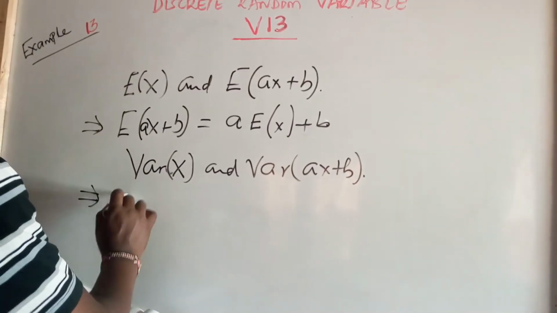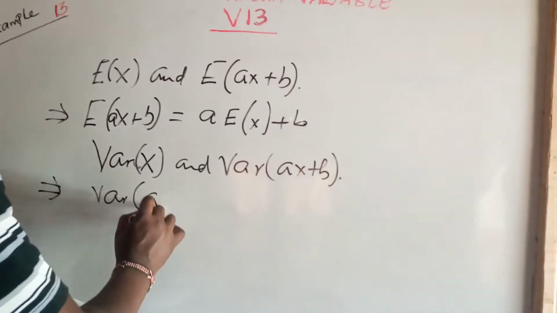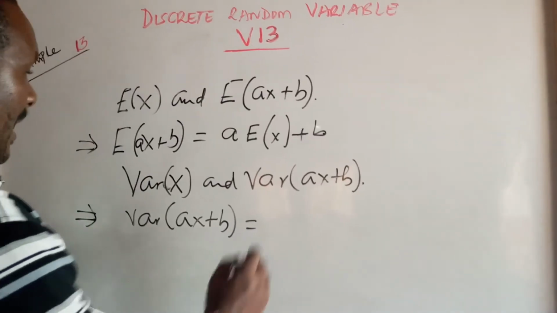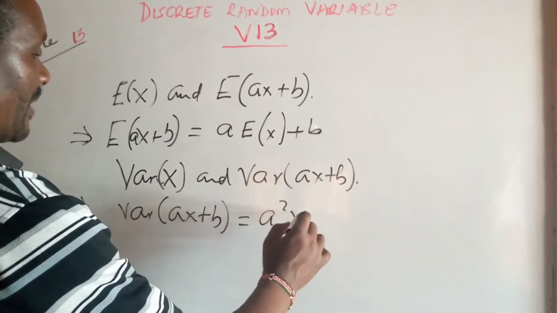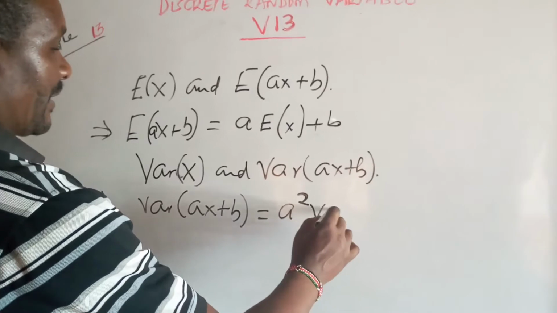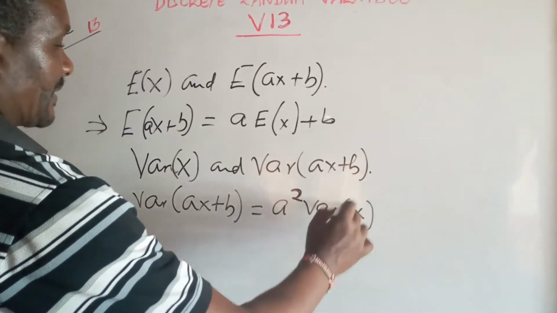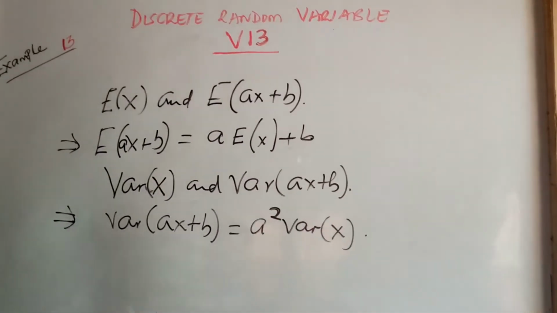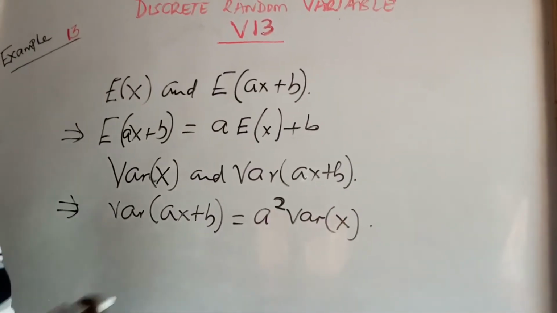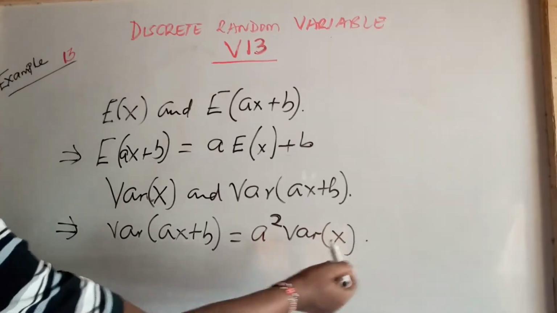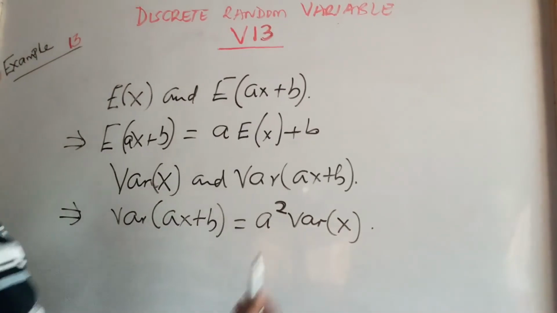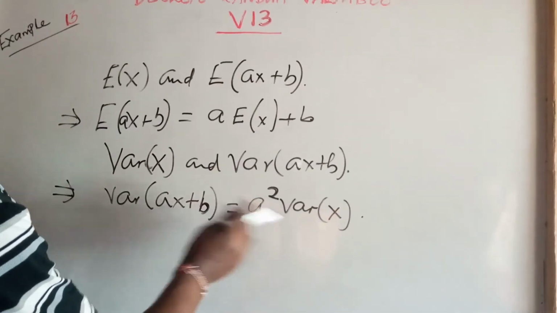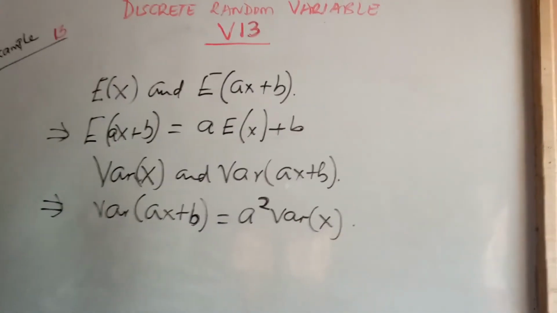This is how the variance of ax plus b is given by a squared multiplied by the variance of x. Now, I want to say something further on the variance of x and how they relate with a squared times the variance of x. You can see we have not featured b anywhere on the right hand side.